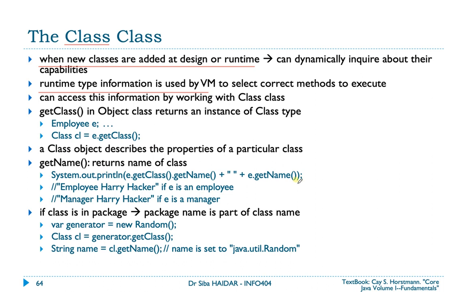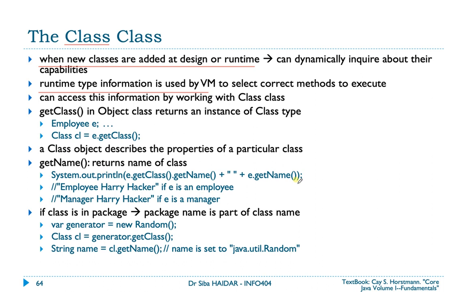We saw this in the previous video lecture, in which we saw how the virtual machine resolves which method to invoke at runtime, and this was called dynamic binding. The virtual machine can access this information by working with the class.